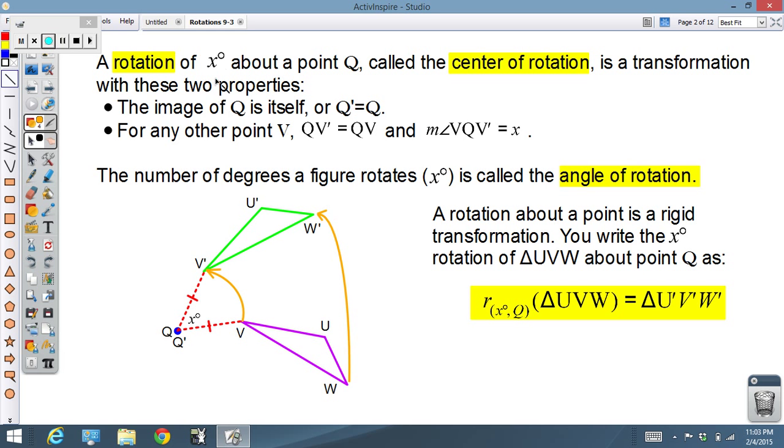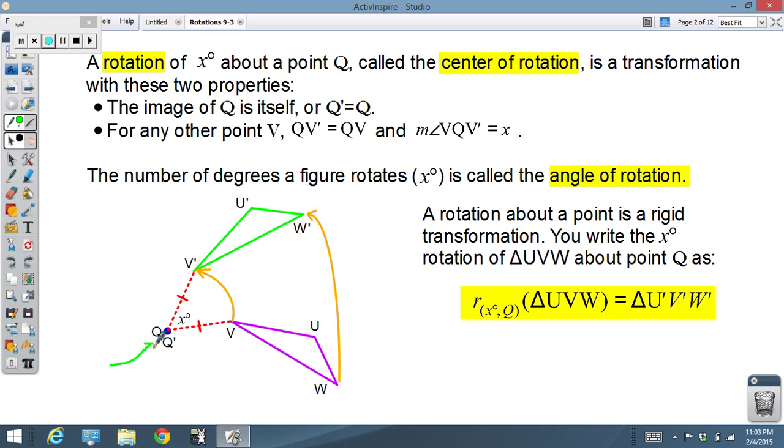So a rotation of x degrees about a point Q, and this point Q here is called our center of rotation. We are going to rotate x degrees and transform triangle UVW into U prime V prime W prime.